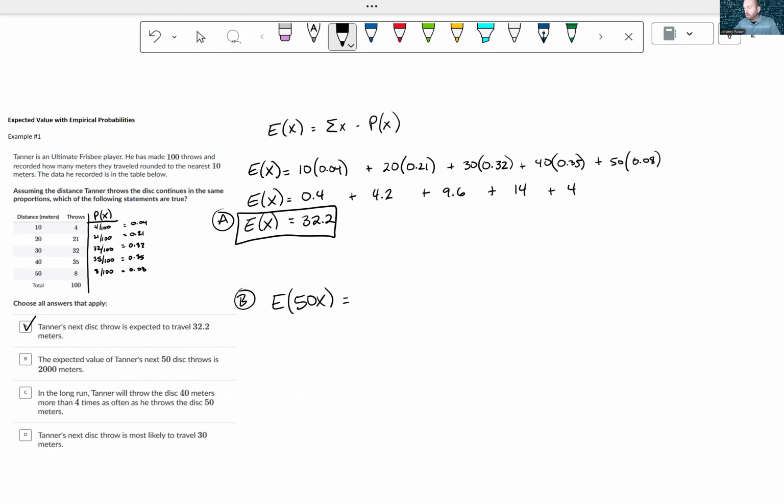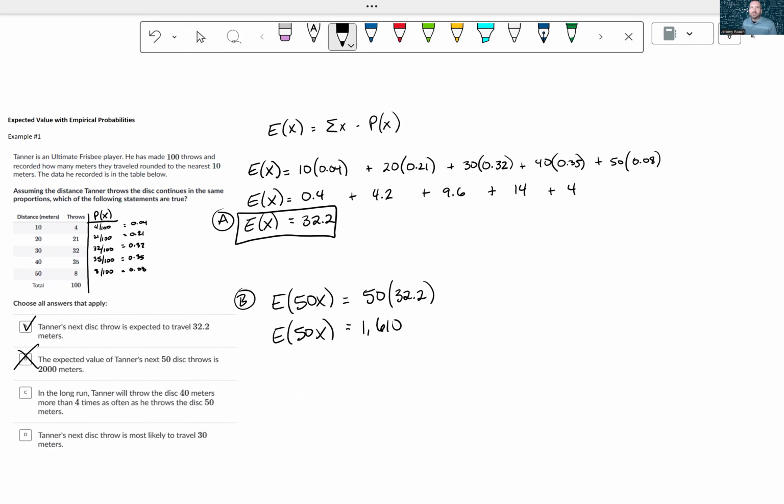And all we're doing is multiplying 50 times the expected value of one throw. So 50 times one throw is what we're calculating there. And so the expected value of 50 throws is 1,610. And B says it's 2,000. That is not correct. It's not correct for B.